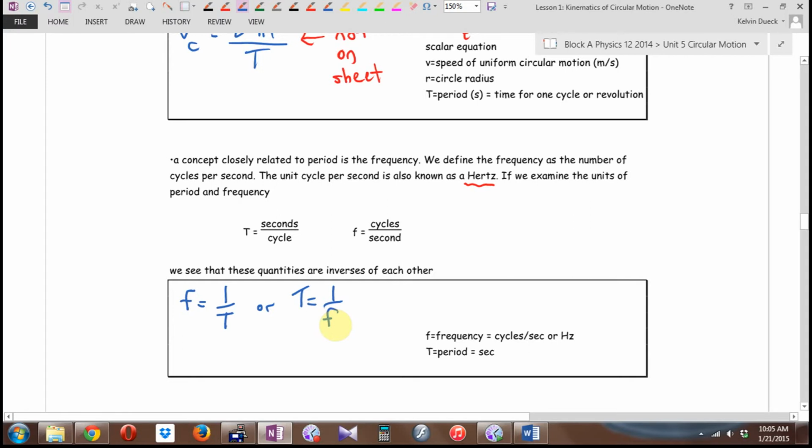Is that on the formula sheet? I can't remember. Under circular motion, you have to turn the page, find the circular motion section. T equals 1 over f. Okay, and I expect if you know that T equals 1 over f, it's 1 fraction equals 1 fraction, stuff moves diagonally. Okay, so that is on there. One version anyways.